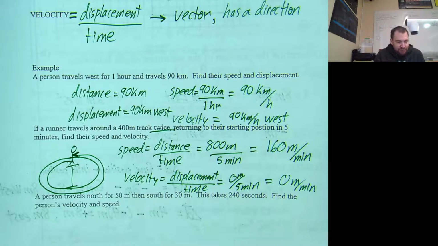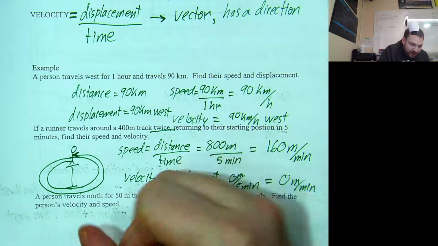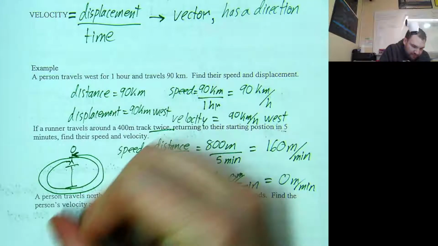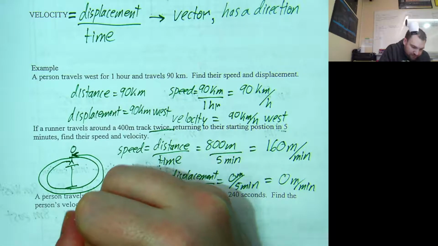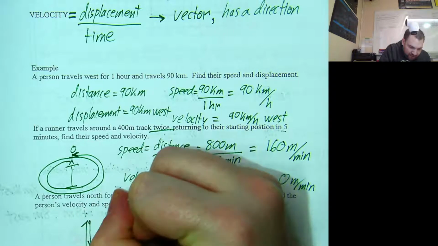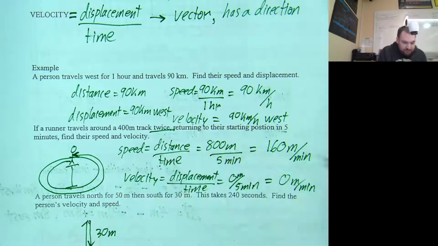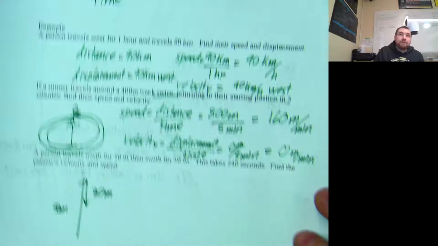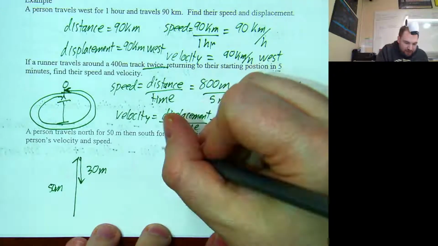A person travels north for 500 meters, then south for 30 meters. If this takes 240 seconds, what's the speed? What's the velocity? So the person went this way, 50 meters, turned around, went this way, 30 meters. I want the speed.